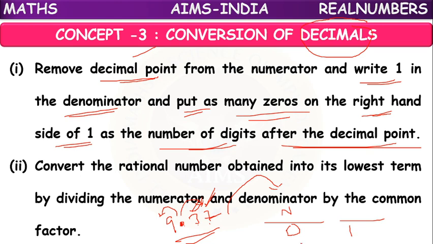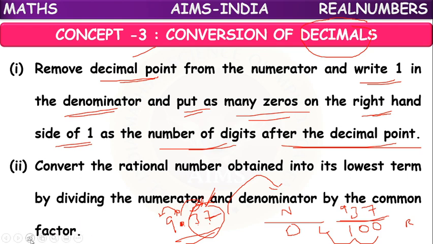So to the right hand side of 1 in the denominator, not to the left, we have to keep that many zeros. The remaining number after removing the decimal point, 937, is kept in the numerator.